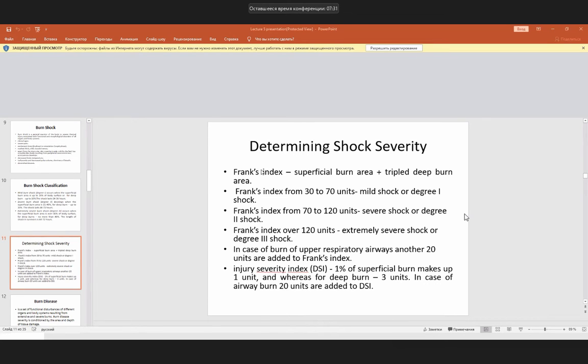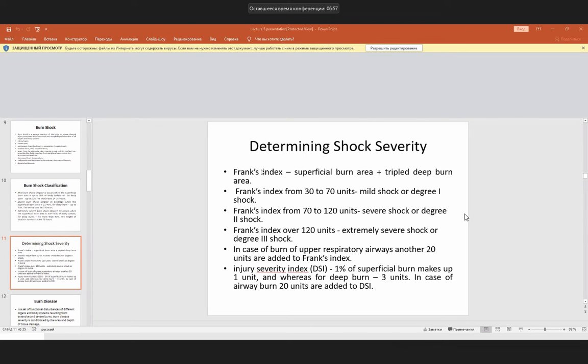To determine burn shock severity, Frank's index is used. It's calculated by adding the superficial burn area and triple the deep burn area. The modified variant of Frank's index is the injury severity index, ISI, which takes the deep burn area into account.